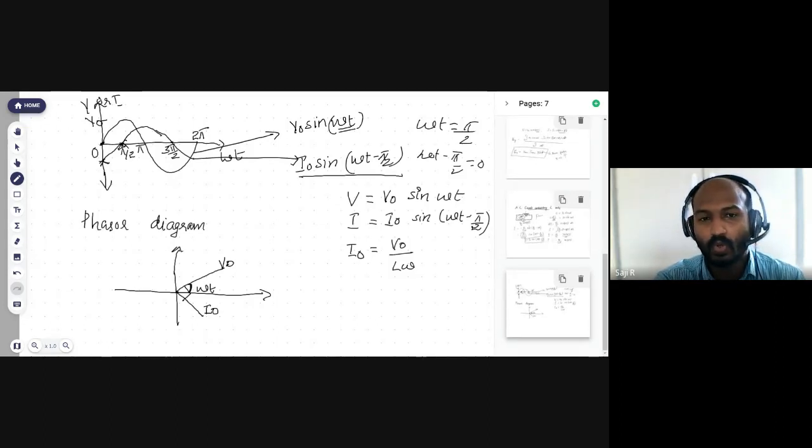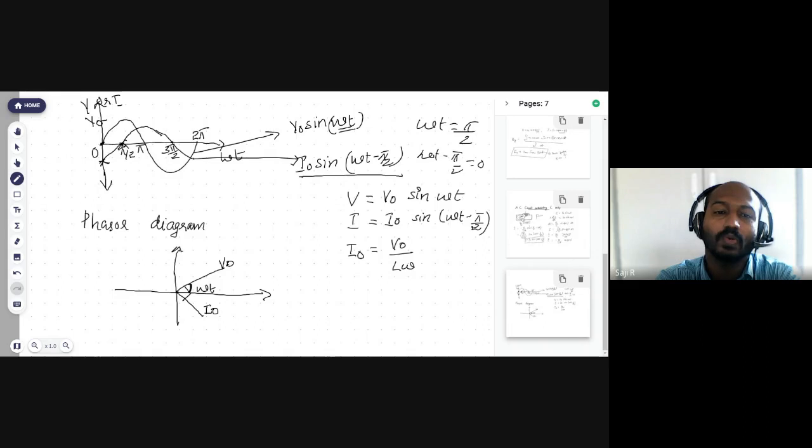Now as per Ohm's law, I is equal to V by R, where V is the voltage and R is the resistance.